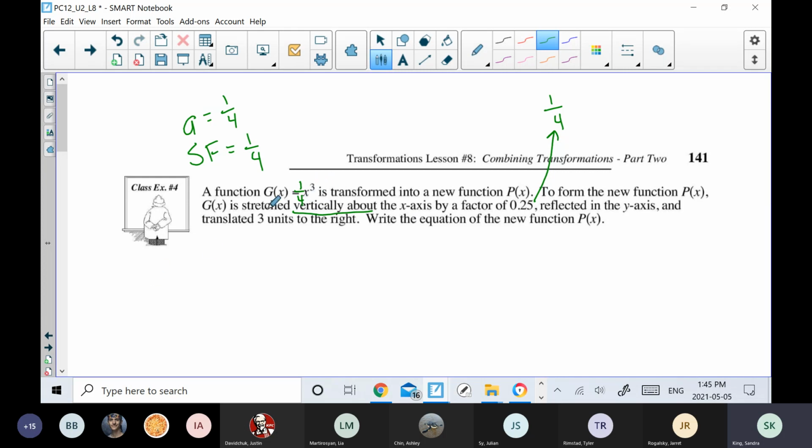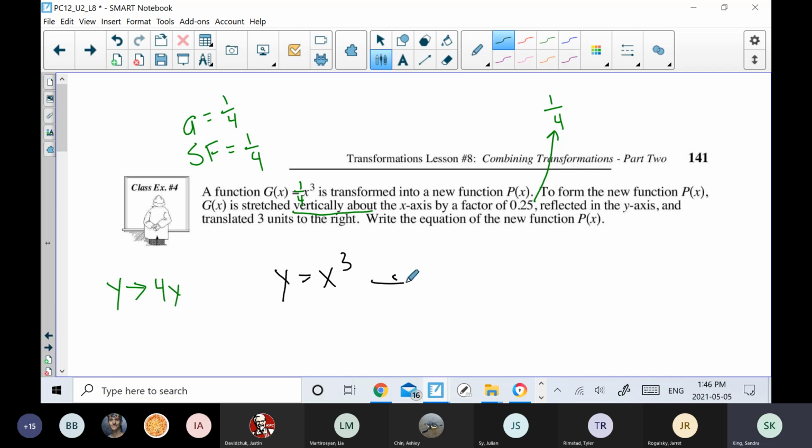How I do that though is right now I'm going to call this y. We'll change it at the end, but let's just write this equation. So y is equal to x cubed. I need a 1/4 here. How I do that is the y comes out and I'm going to replace it with 4y.